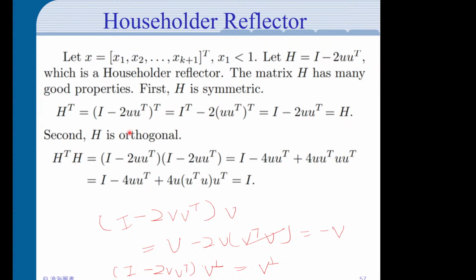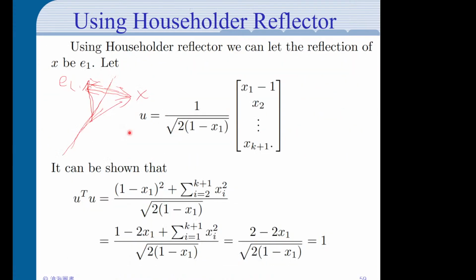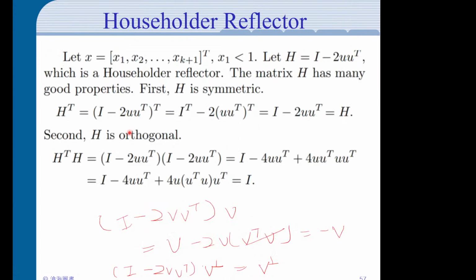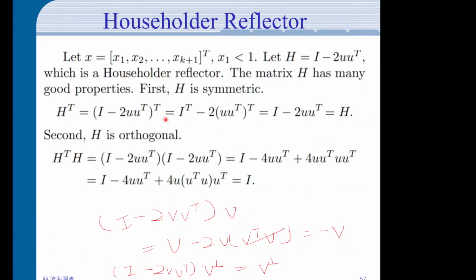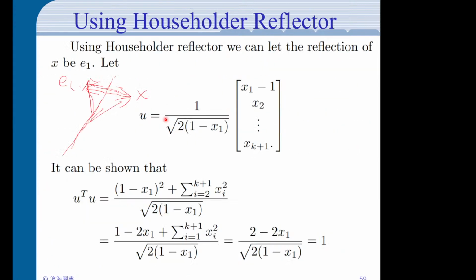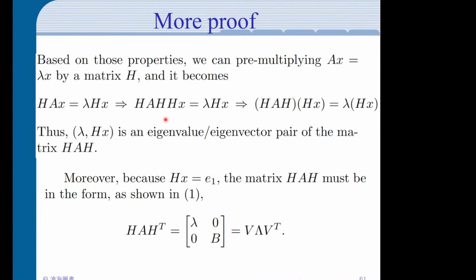Then you put all the coordinate transforms back, and you see that this P transform, which we usually call H, is also orthogonal.